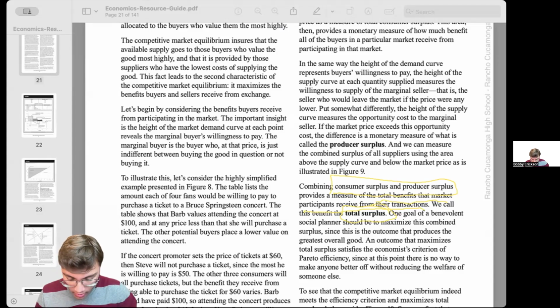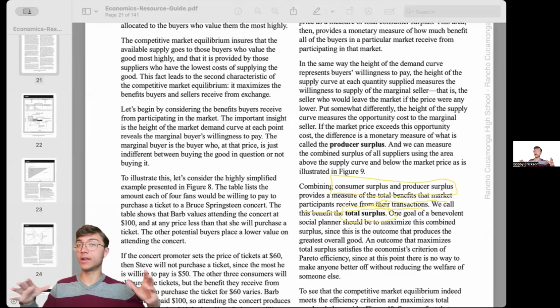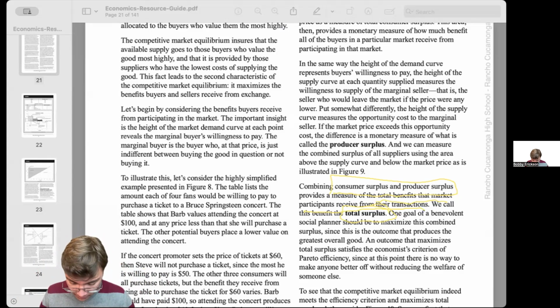And so a benevolent social planner should be trying to maximize this combined surplus. And since this outcome produces the greatest overall good, then they should be maximizing it.